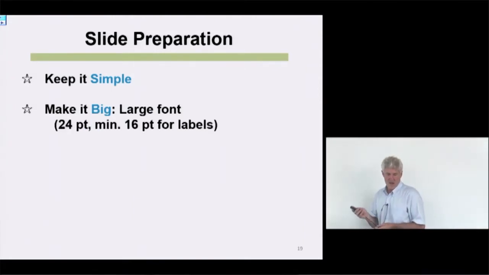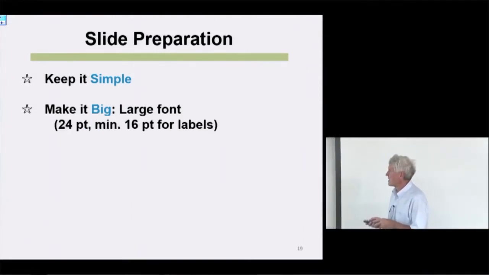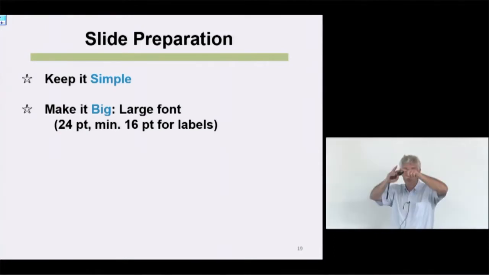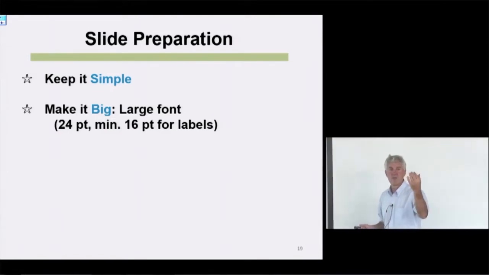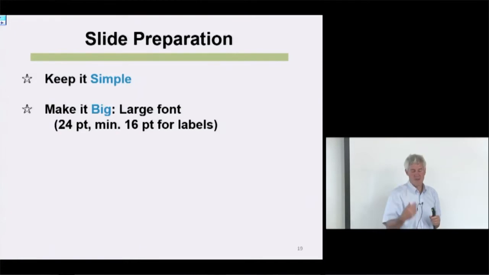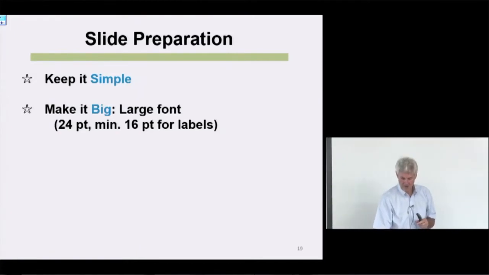So, ideally, for most of what you are going to present, it should be about 24 font. And for labels for graphs or tables, 16 font is what would be minimum for an audience to be able to read from the back of the room. Okay.